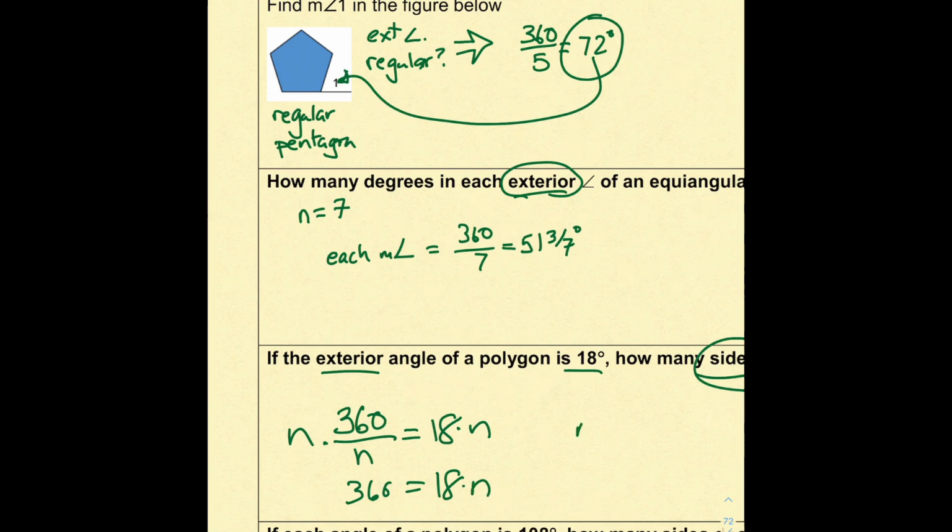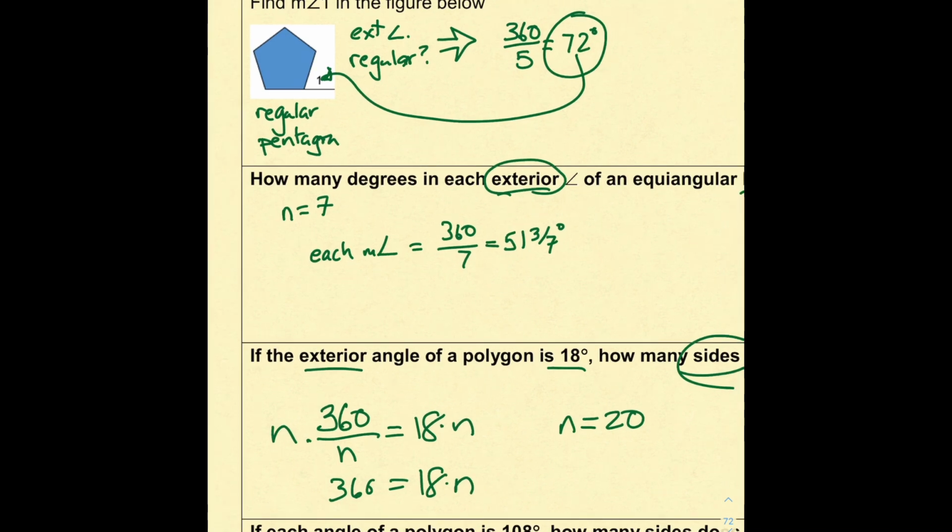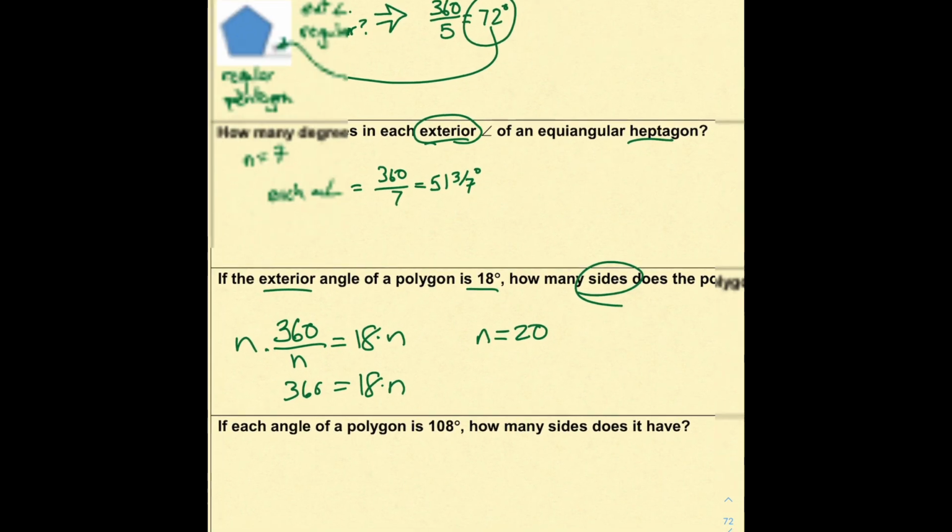Now divide by 18, as you would suspect, and you'll get n equals 20. So the exterior angle of a 20-gon. I was trying to think of the name. What is a 20-gon? Dodecagon, could be. I don't think it's duo. Duo is 12, but all right.